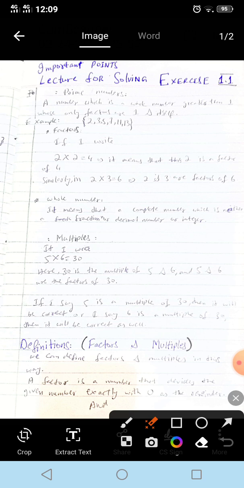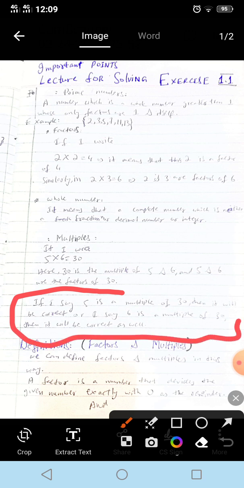If I say 30 is the multiple of 5, then it will be right. 5 is not a multiple of 30.